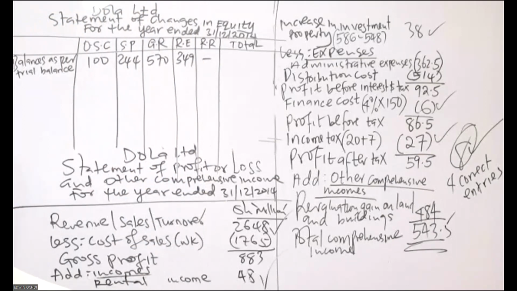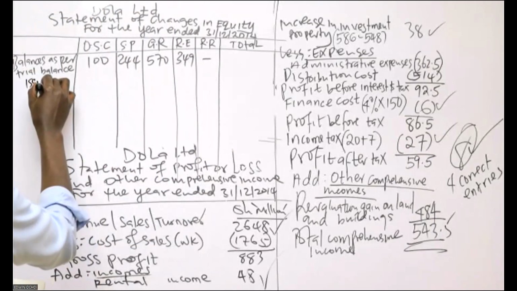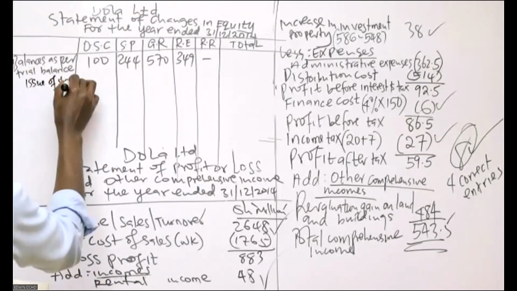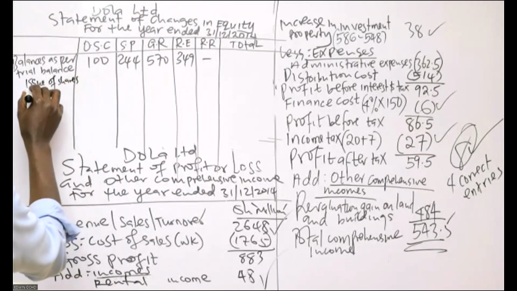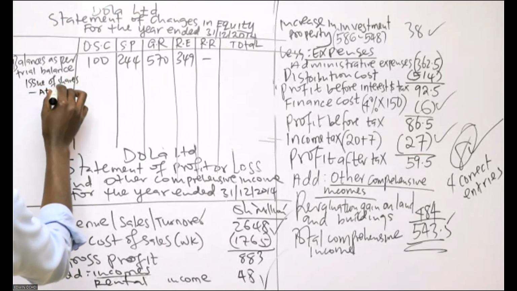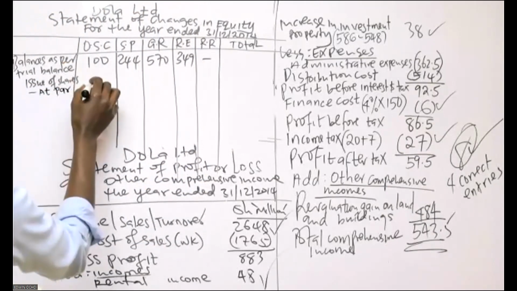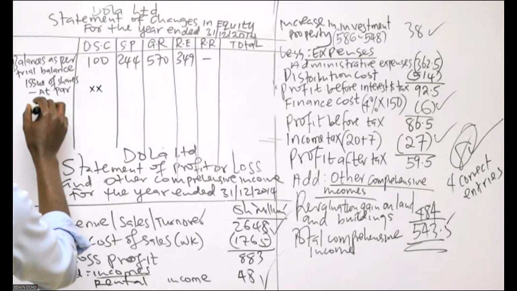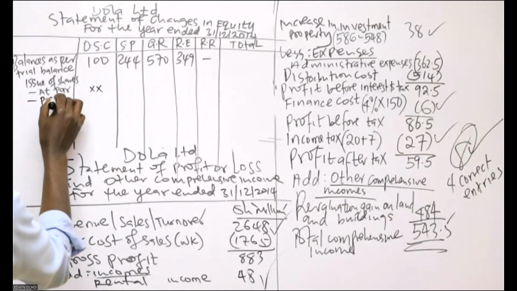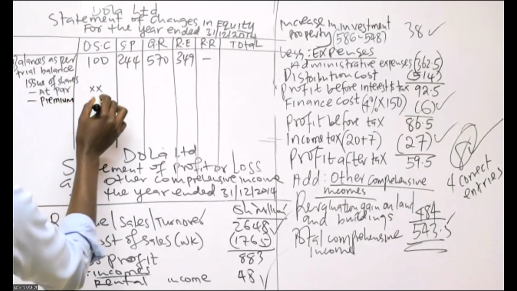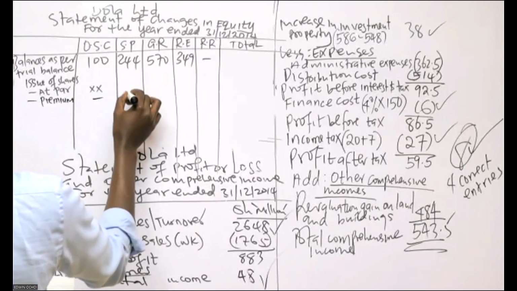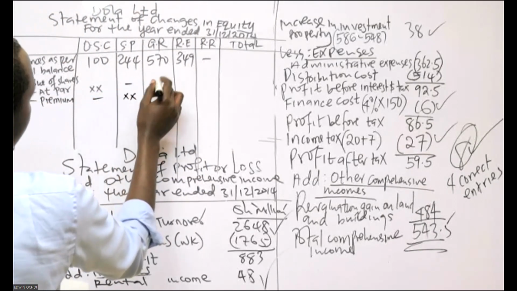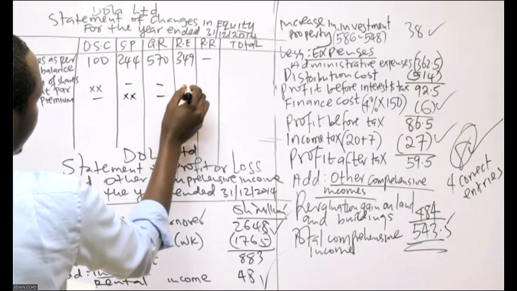Then the next thing you check is issue of shares. You can have issue of shares at par. This one is not there. Or at premium. So at premium, it affects share premium. At par affects ordinary share capital.